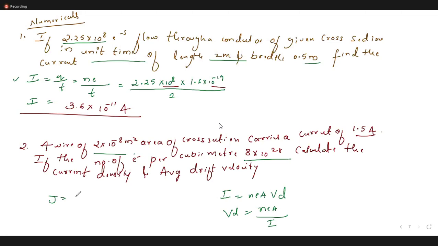Do it. J is equal to total current per area. Total current is 1.5 and the area is 2 into 10 to the power of minus 8.